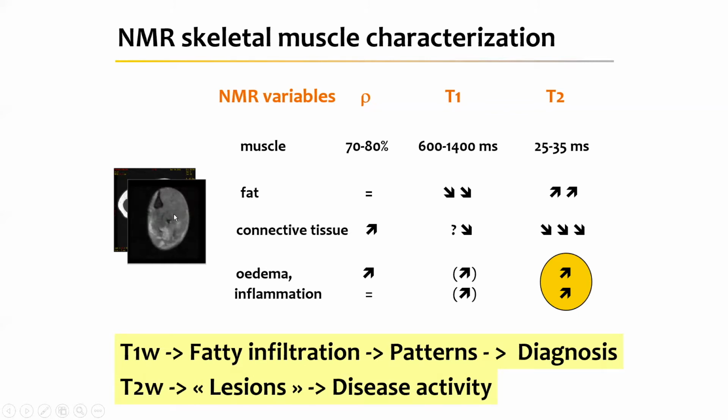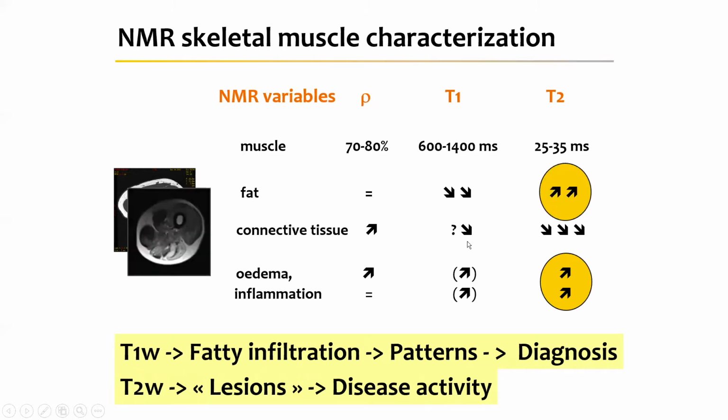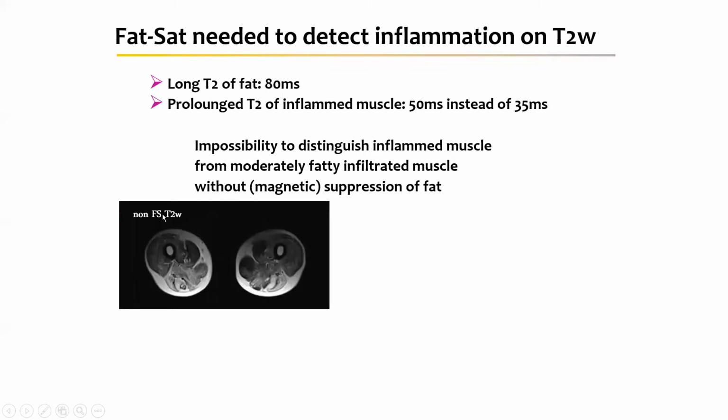This is an example of a dystrophic mouse model where you have regions with disease activity that are nicely depicted. Well, there's still a problem. The problem is that fat also has a very long T2, which means that if you just do a T2 weighted sequence, you cannot really interpret these areas of hyperintensity.